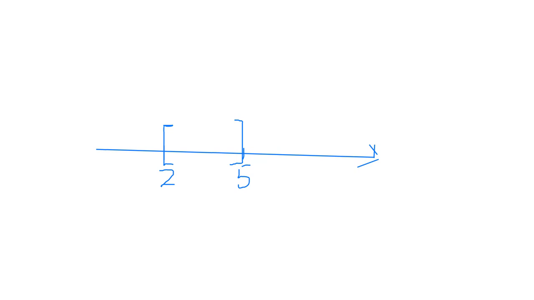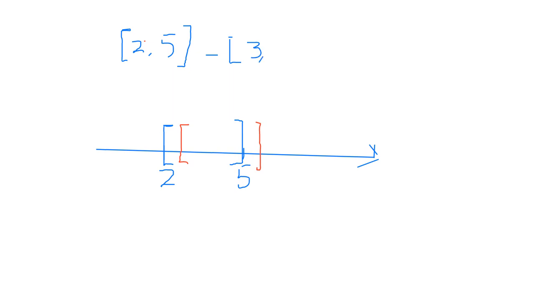Then another one, let me use red color. So another set is from 3 to 6. All right. Now we're trying to find the set from 2 to 5 subtract the set 3 to 6.